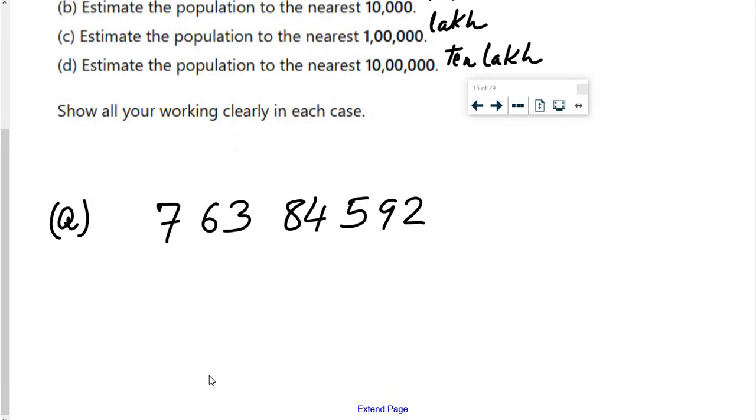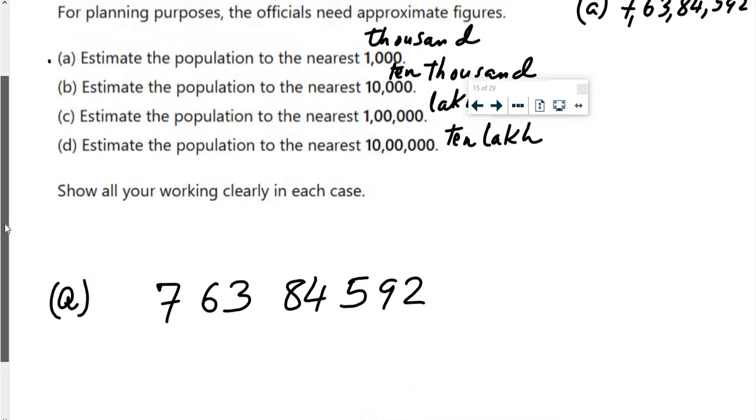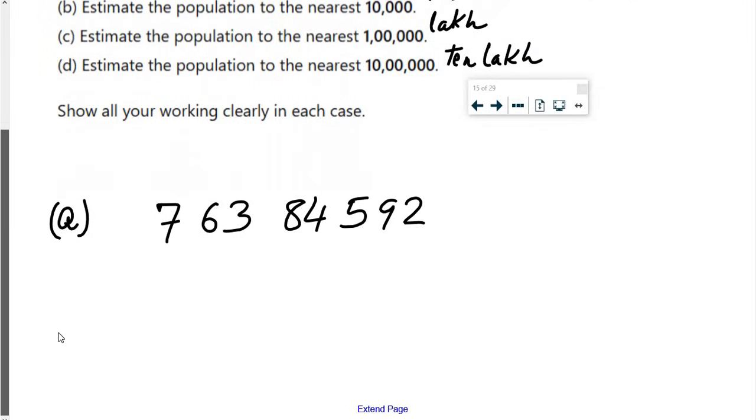Now we need to estimate the population to the nearest 1,000.